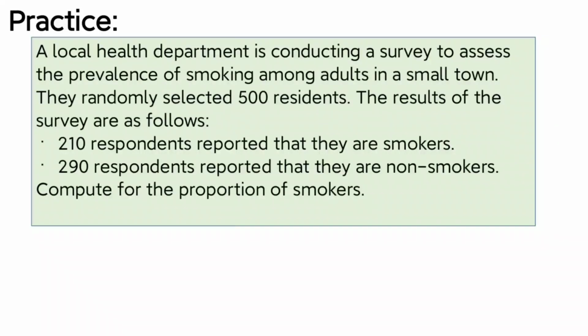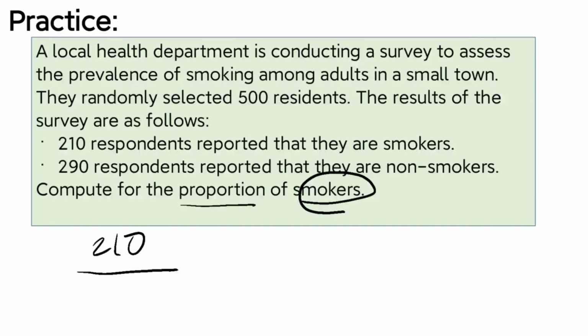Okay? So, what you will do is, smokers, right? Proportion of smokers. Who are the smokers? 210 over 210 plus 290 multiplied by your factor, which is not given. Okay? So, since it is not given, 100.